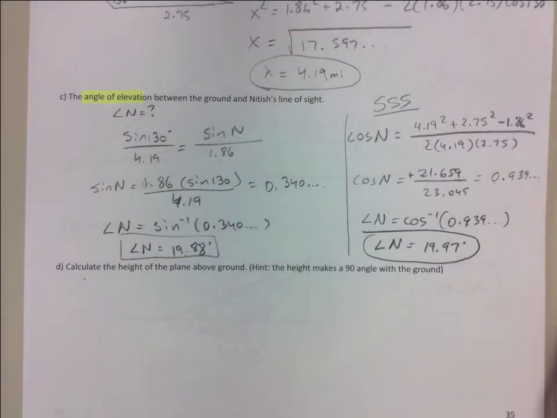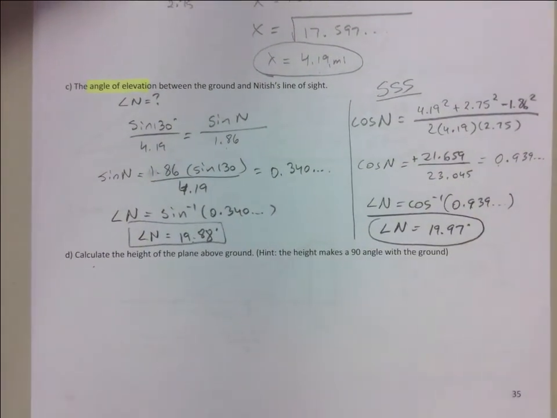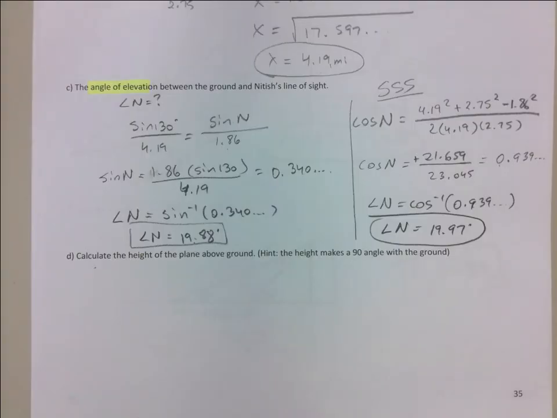Anybody find the height? I don't need you to be able to do that necessarily, so I'll just leave it. You can make a 90. Just cut a 90 into it and solve. If you looked at the key, you know what I'm talking about.